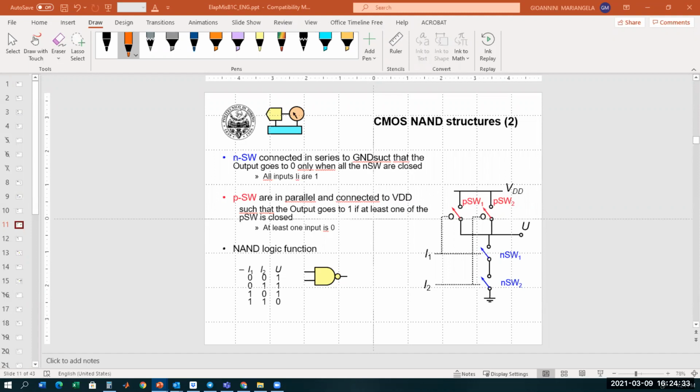But my question was, what if we only wanted to use the NMOS switches? Then could we use an inverter to invert? Yeah, no, okay, not in parallel. No. Okay, I see it now. Yeah. Okay, thank you. Sorry.